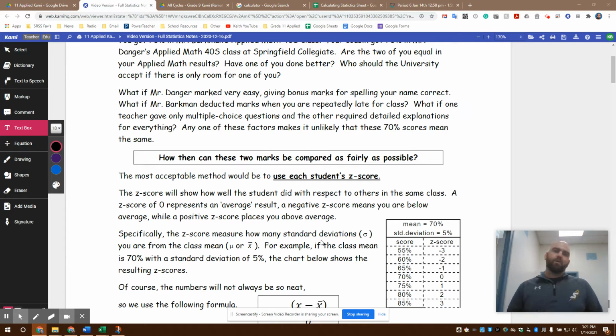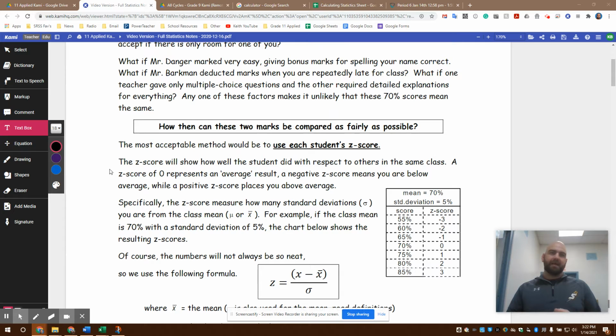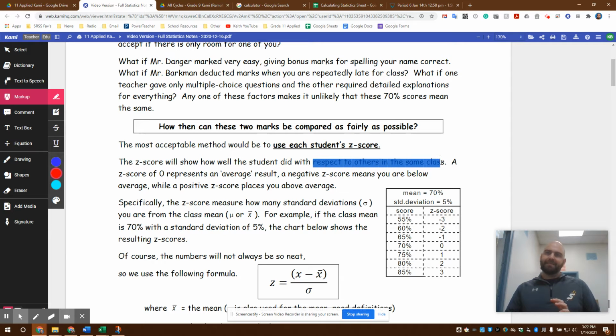A Z-score will show how well a student did with respect to others in the same class. A Z-score compares you to others in a class or in a group.